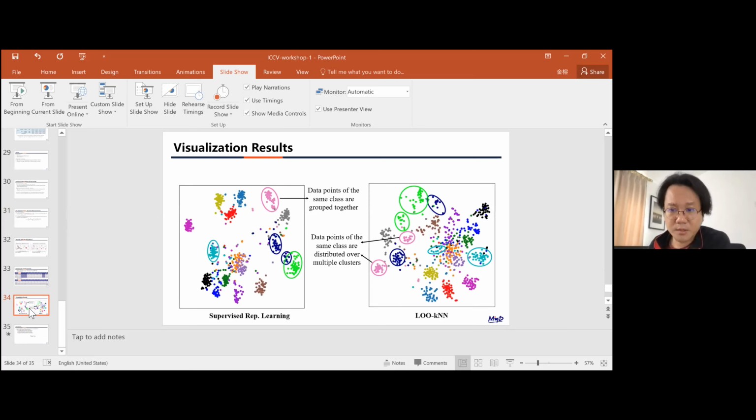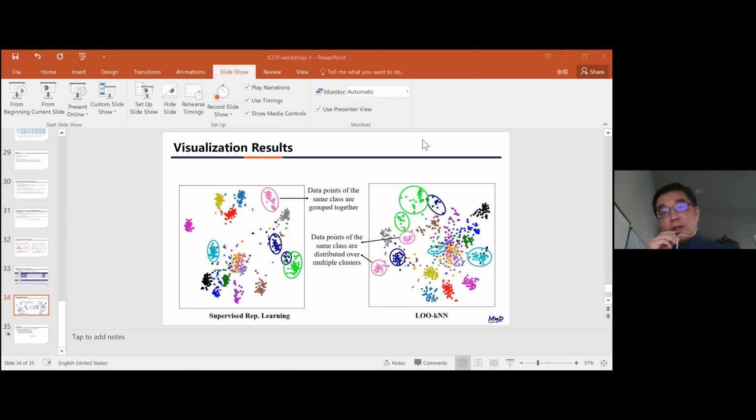Thank you. And then, oh, there's another question on chat. How to know which one sample to leave out for that class? Oh, okay. So in this case, we actually leave every single data point out. So you go through every data point in the class. Let's say you take the very first data point out and you use the remaining data points to make a prediction for the first data point, and then you go to the second one and so on and so forth.